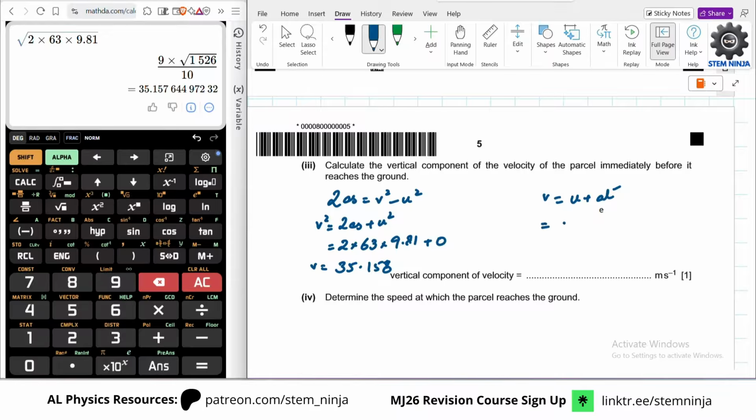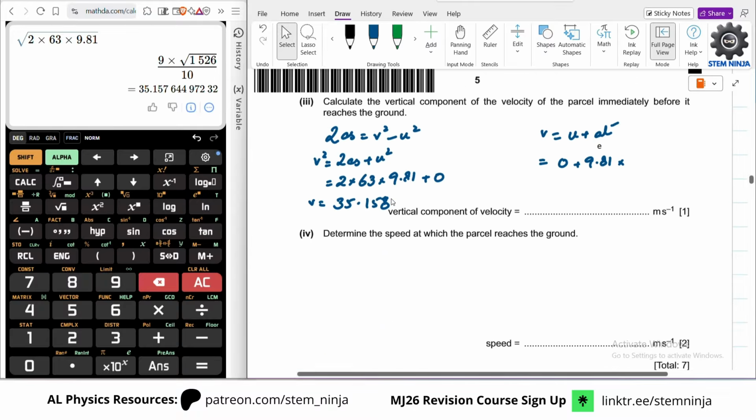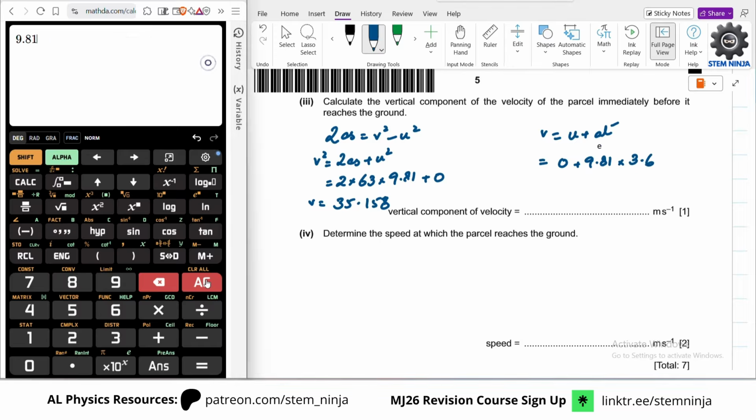Let's see from over here. So u is 0 plus 9.81 times the time period that we had was 3.6. So let's see, 9.81 times 3.6, roughly 35.3.